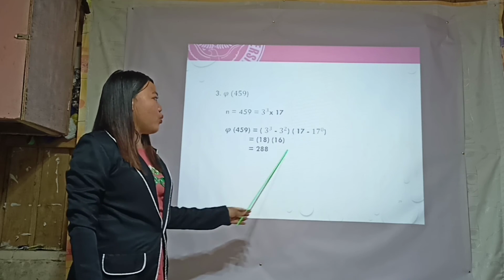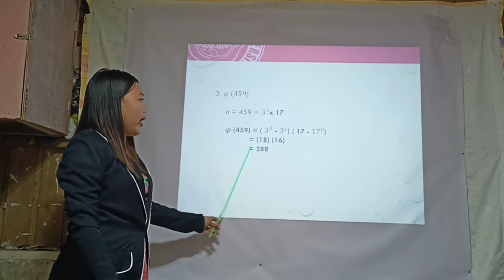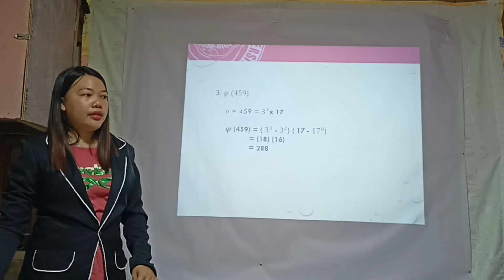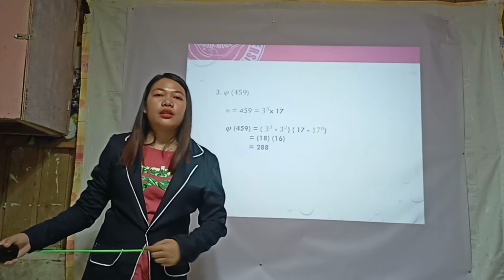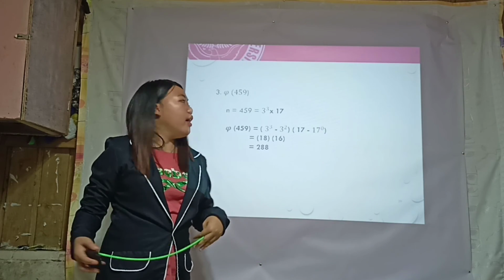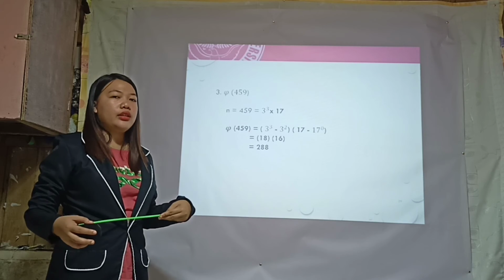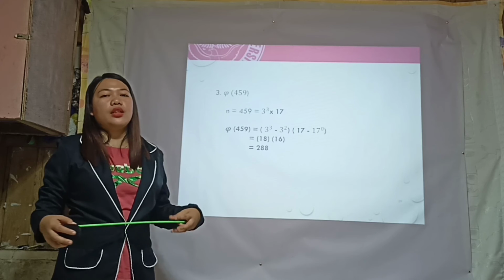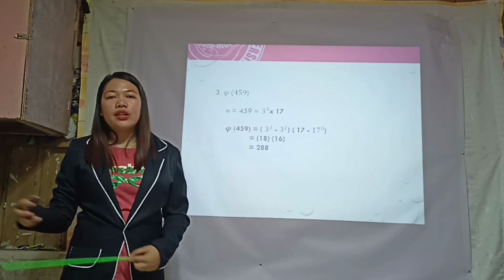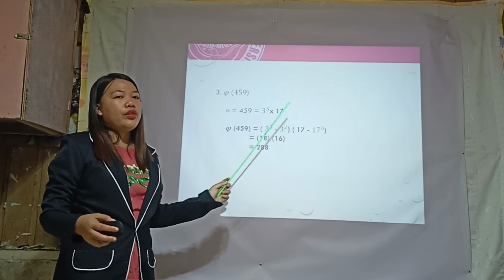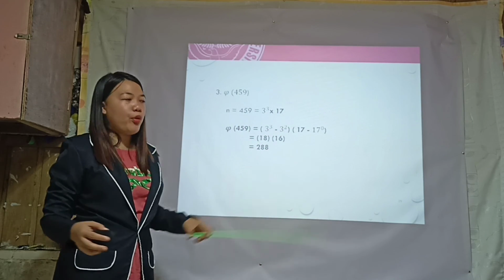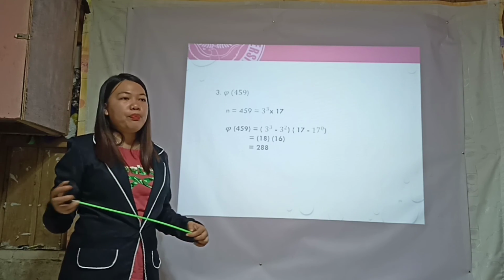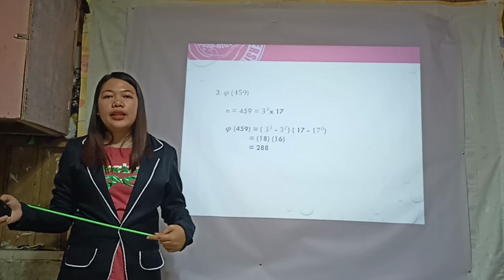Then 17 minus 1 is equal to 16. So 18 times 16 is equal to 288. So let's check who got a perfect score. Based on your output, group 1 and group 3 got perfect scores, so they will receive 100 points from this activity, and group 2 will receive 80 points.